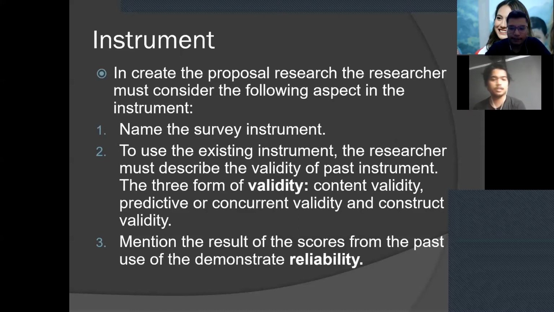So you have to mention your instrument's name. Second, if using an existing instrument, the researcher must describe the validity of the past instrument. The three forms of validity are content validity, predictive or concurrent validity, and construct validity. And third, mention the scores from past use to demonstrate reliability.